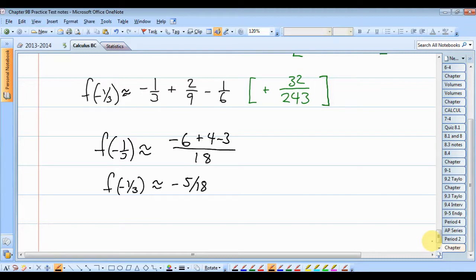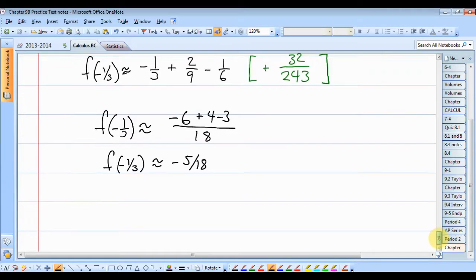The hardest part here is the math, right? That's the dangerous part also. Part C. Series is alternating.